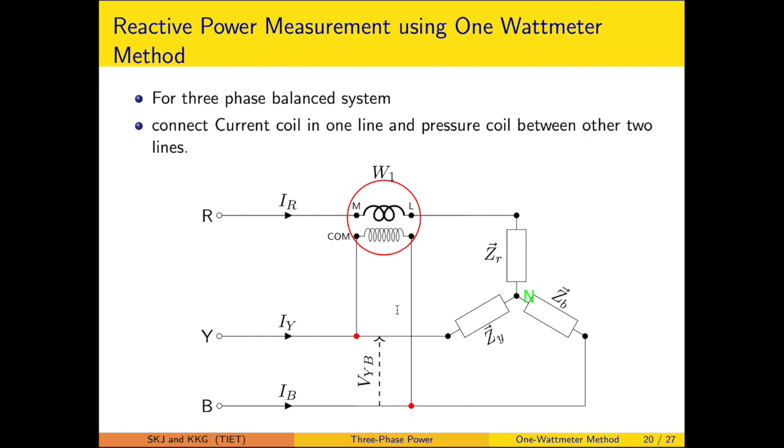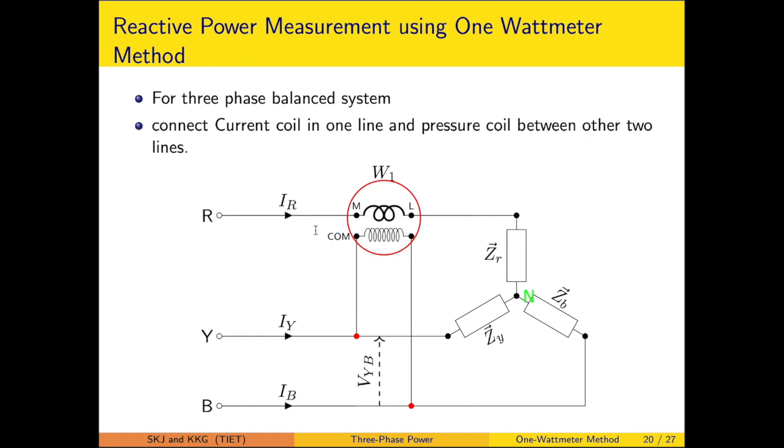In case of the one wattmeter method, we have to connect the wattmeter in a special way, and with one measurement we will be able to get an idea about the reactive power.